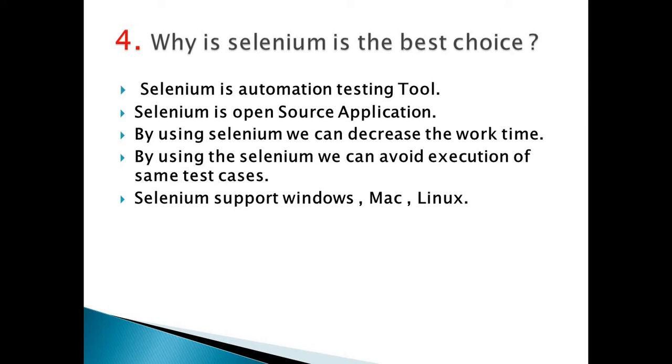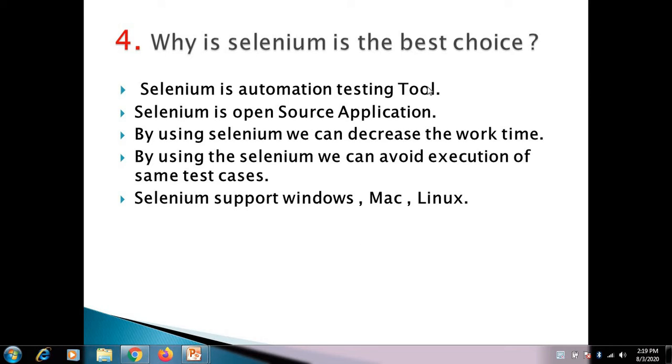Why is Selenium the best choice? Selenium is an automation testing tool. Selenium is an open source application. By using Selenium, we can avoid execution of the same test case. That means when you do it manually, it takes a lot of time.